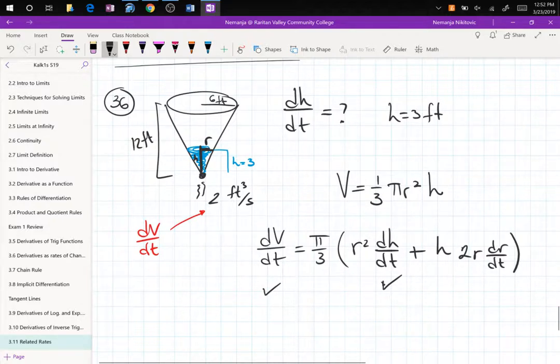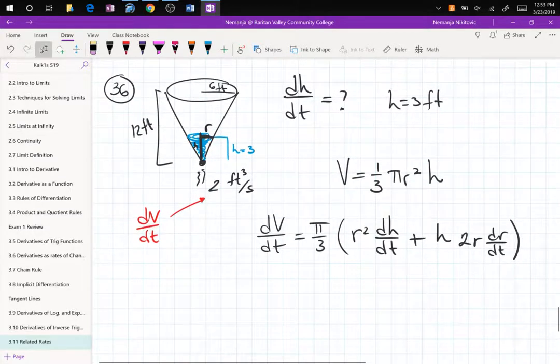I know the height is 3. I don't know r, and I don't know dr dt. So these are not known to me, so I have to actually work on this formula, and this is where the hard part kicks in, right? So we use the similar triangles.